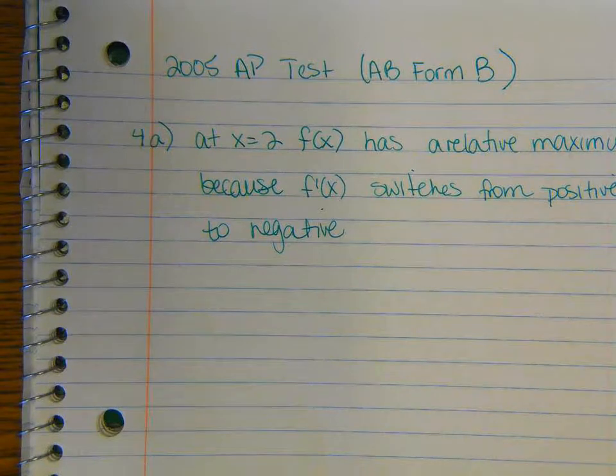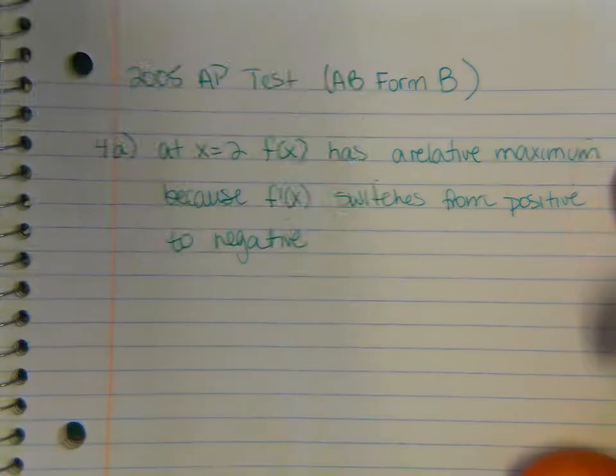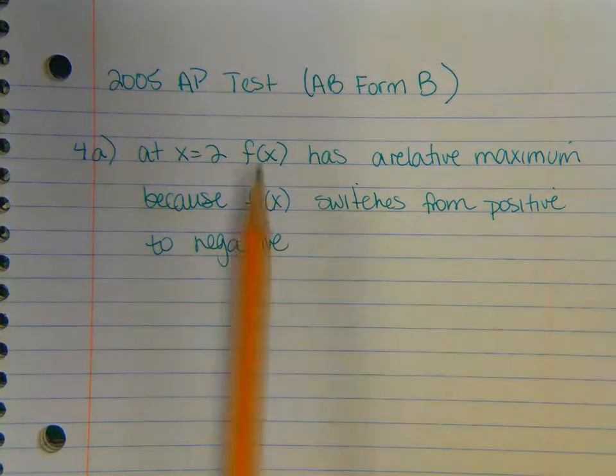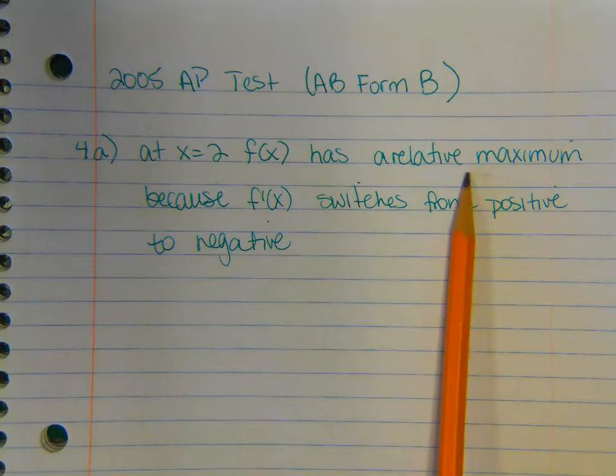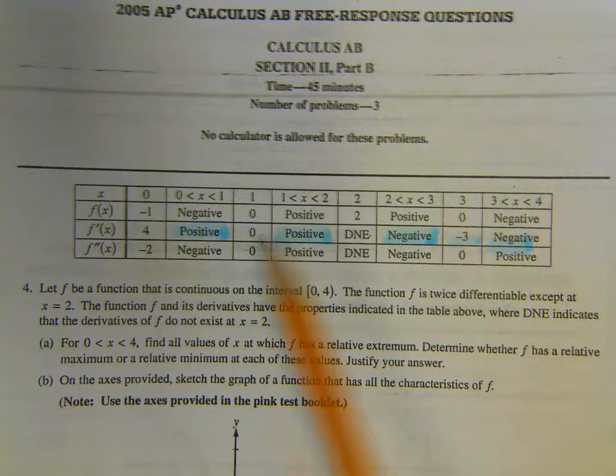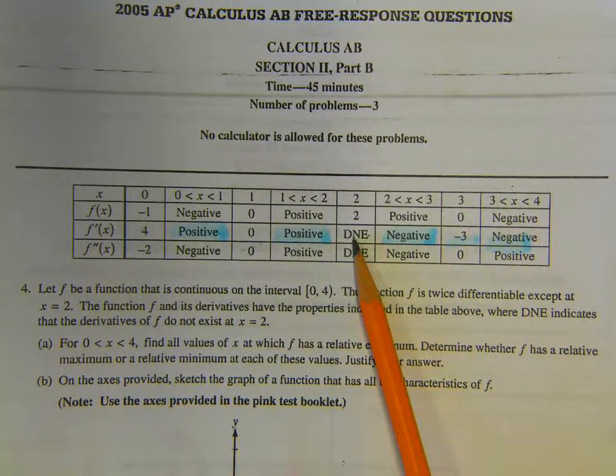Now, even though I don't ask about inflection points, we're going to sketch a picture of the graph, and so we should address concavity. So we should try to look at the double derivative and see where the concavity switches. And I even sometimes like to write some things out. Okay, so we know that at x equals 2 there's a relative max. We know that the slope is 0 here, so that's going to be a key point, and it's going to be some kind of, we said maybe cusp or corner or something there.